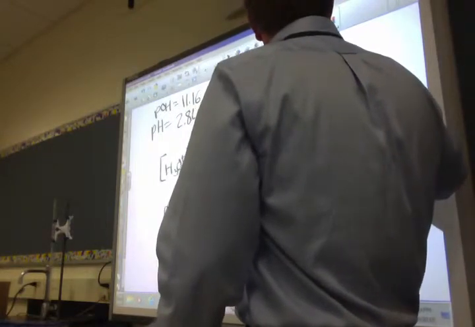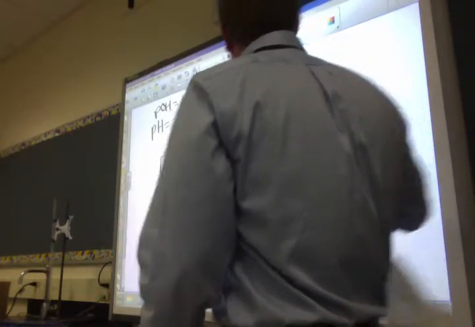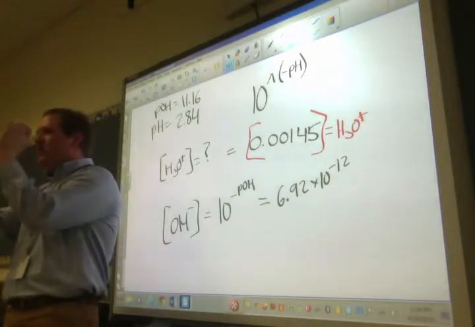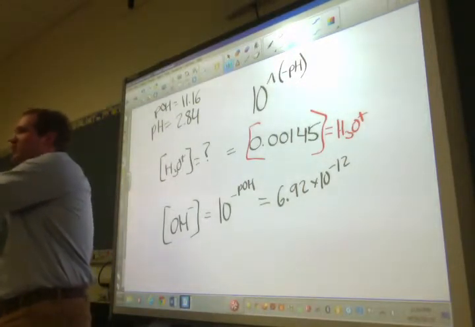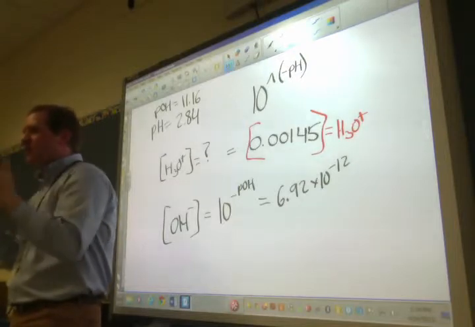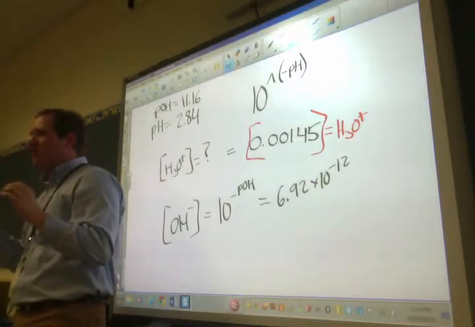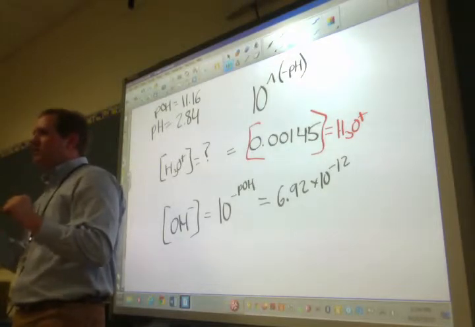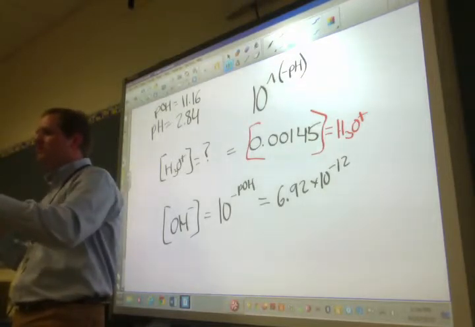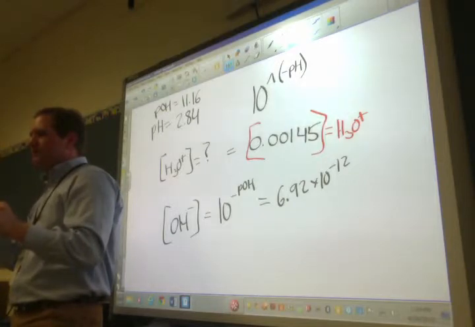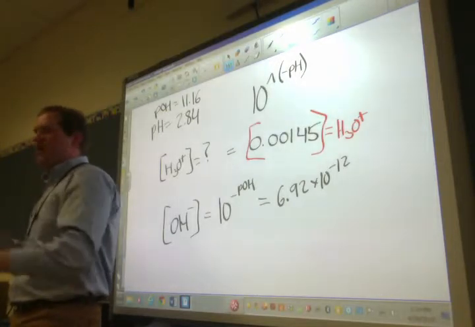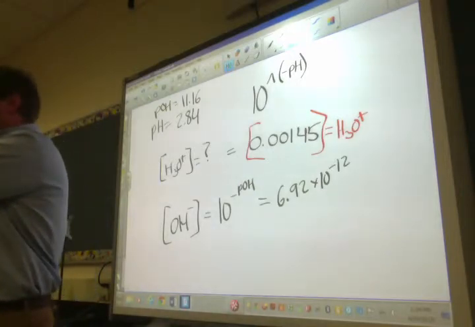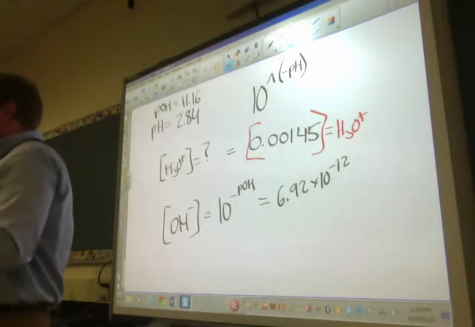Another way you could have gone about this: this equals H3O plus. What did I always say? The concentration of H3O plus times the concentration of OH minus always equals the same number. What is that number? Always 1.0 times 10 to the negative 14. Exactly. Concentration of H3O times concentration of OH always equals 1 times 10 to the negative 14th.